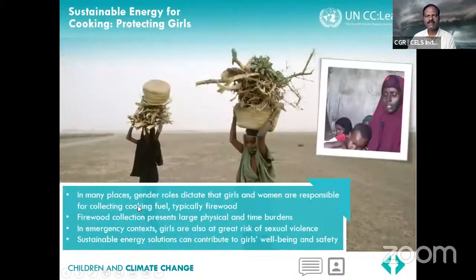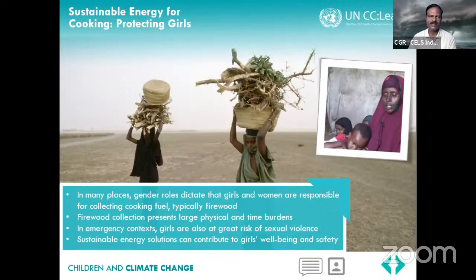In many places, gender roles dictate that girls and women are responsible for collecting cooking fuel, typically firewood. I understand this factor more because I worked on low-cost efficient stoves, chullas, biomass stoves, which I myself designed. So the burden on women and girls is very high.